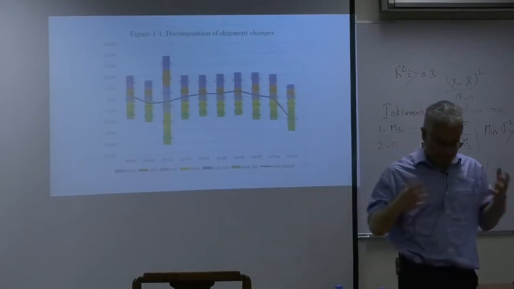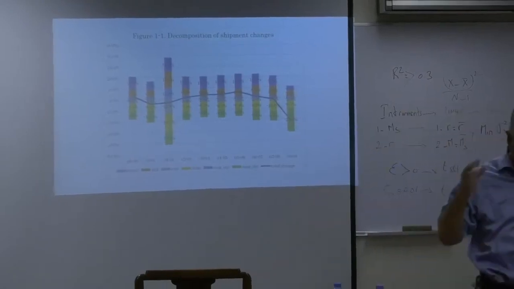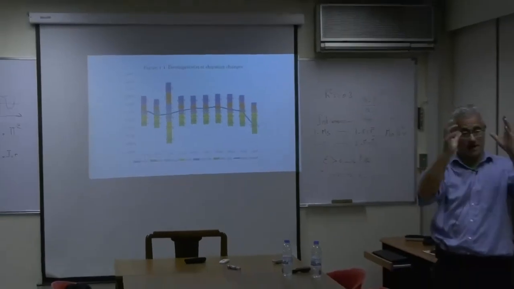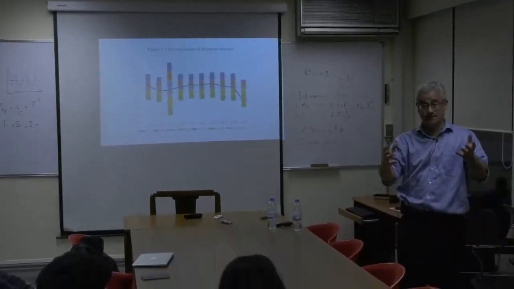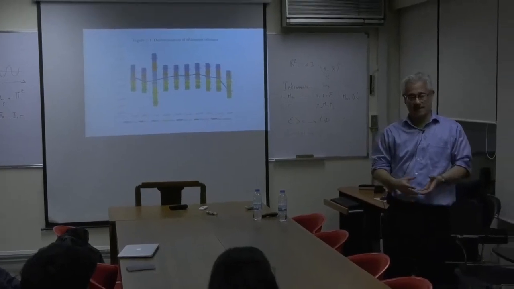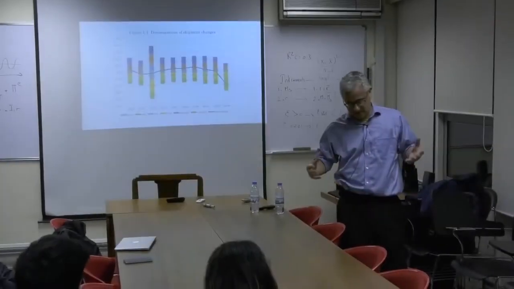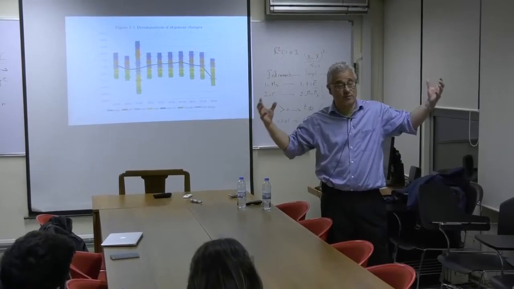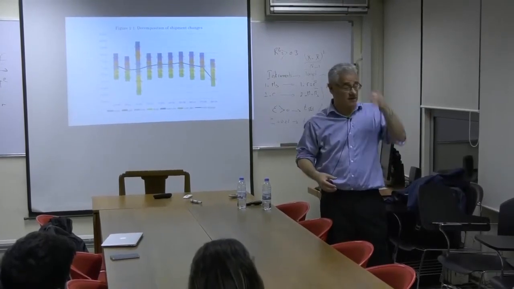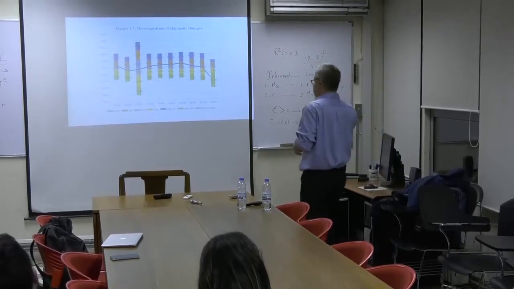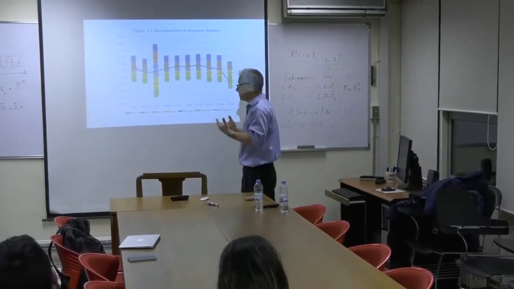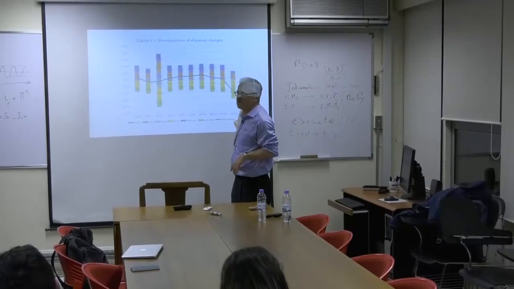Each company produces some shipment, that's the amount of stuff that goes out from the company, right? That's the output. If you add all the shipments, you get the entire gross output of the economy. So that's the output of the economy on average, and you can decompose this change in output.